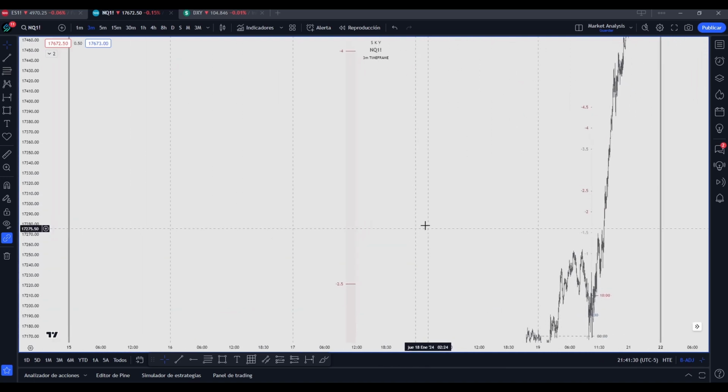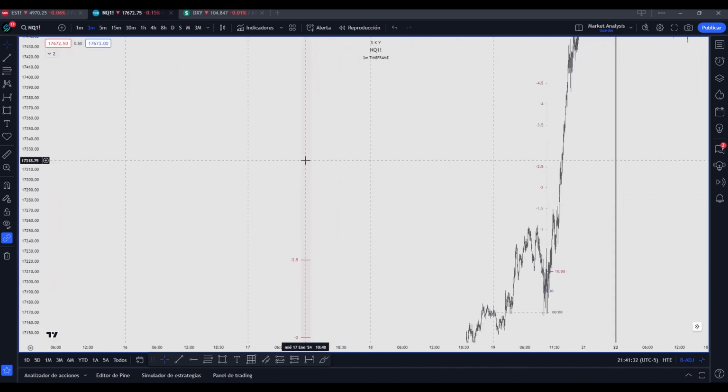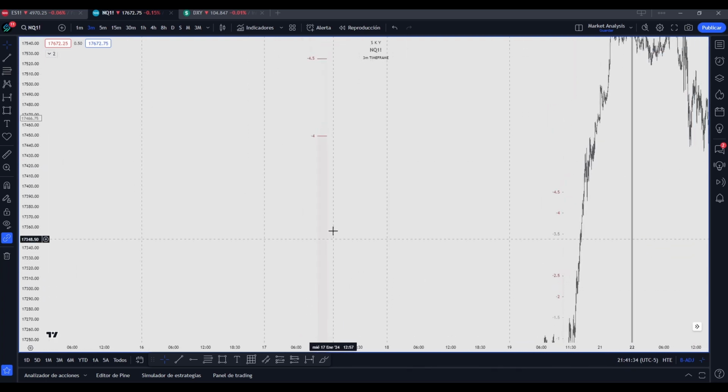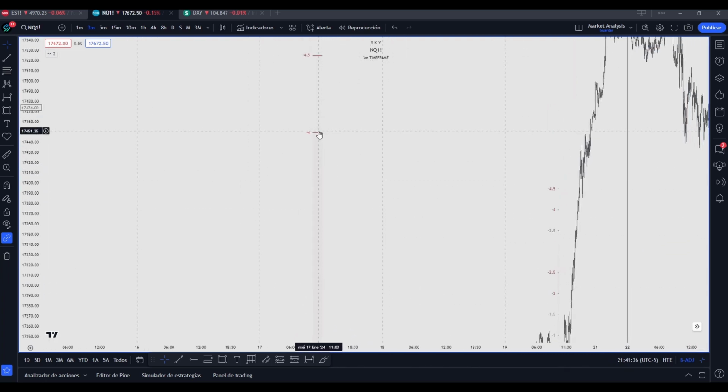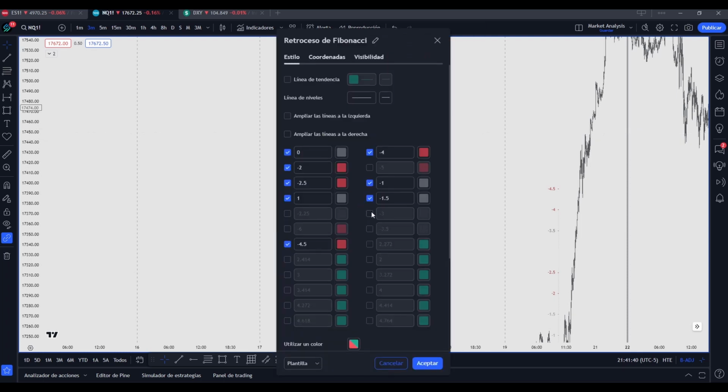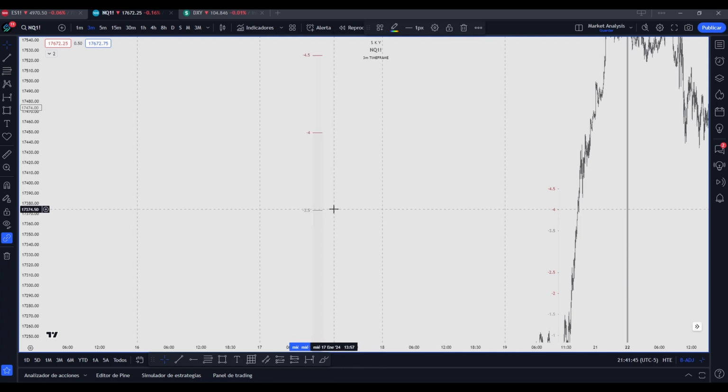Then I would search for some overlappings, which we don't get because it's very high. Maybe we have an overlapping, almost barely overlap here.